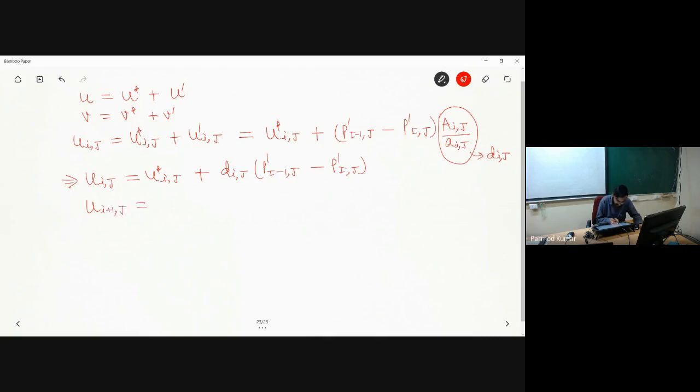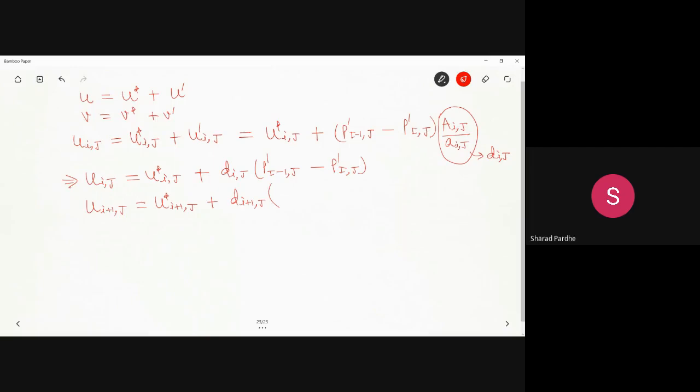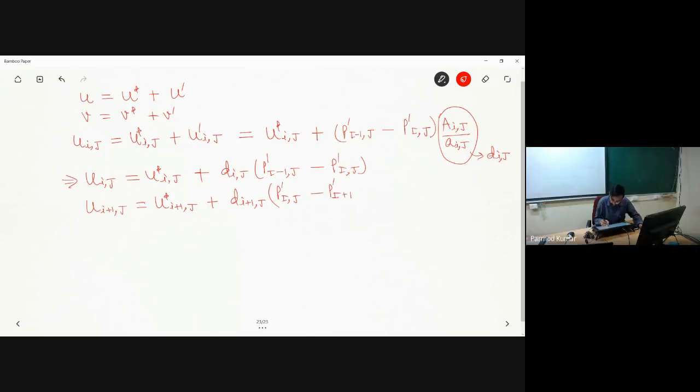Now can you tell me similarly what will be the value for u at point I plus 1 comma j? Please tell me. P dash I comma j minus p dash I plus 1 comma j.